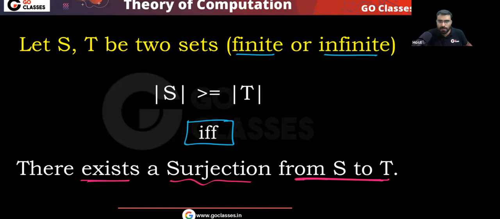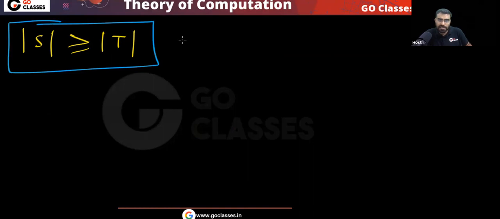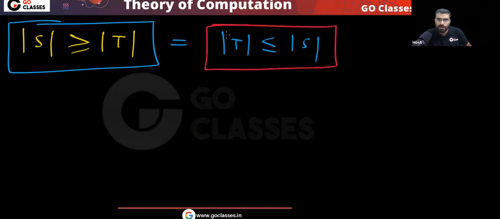Now tell me one thing. When can you say that the cardinality of set S is greater than or equal to the cardinality of set T? The same thing I can say like this: the cardinality of set T is less than or equal to the cardinality of set S. These two things are basically the same.